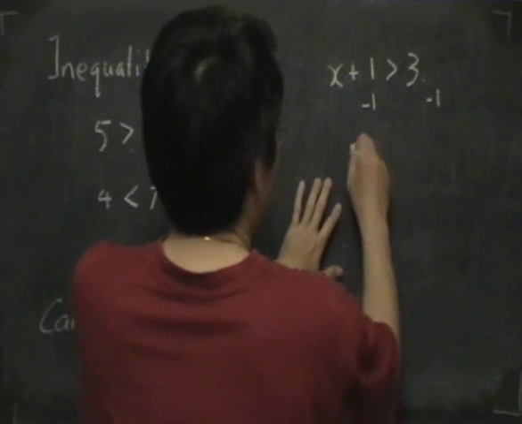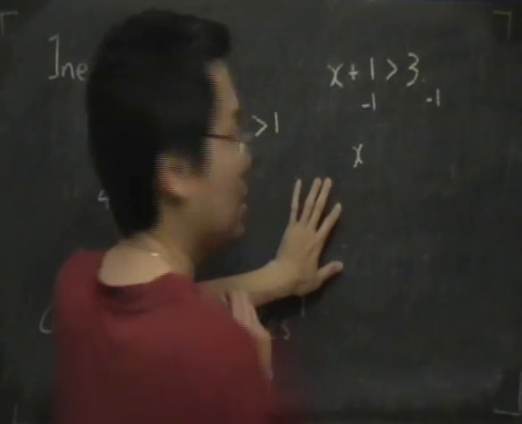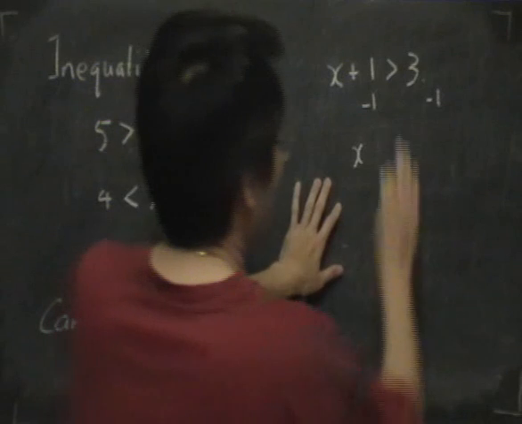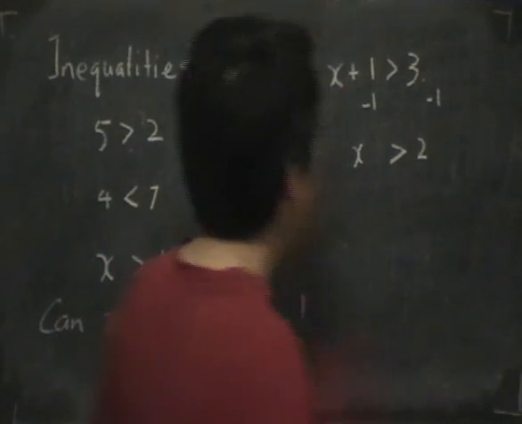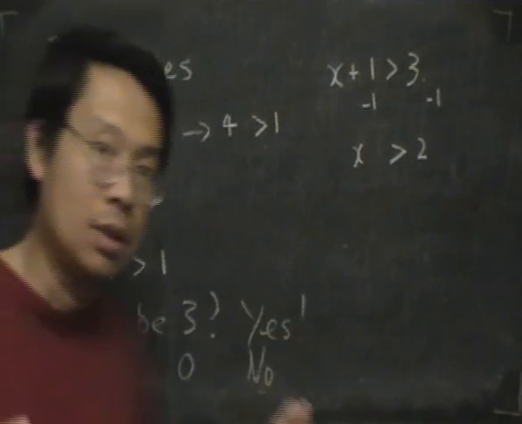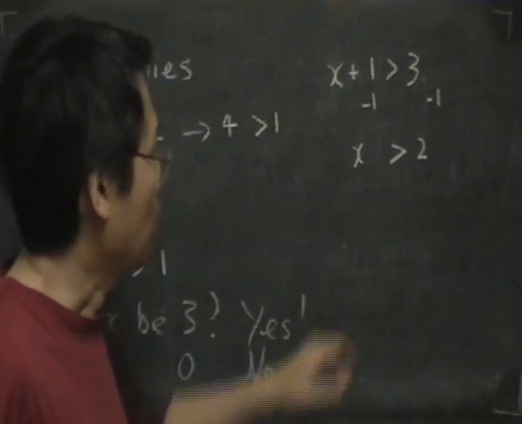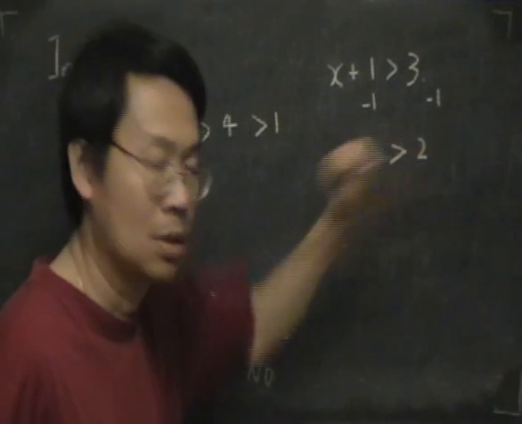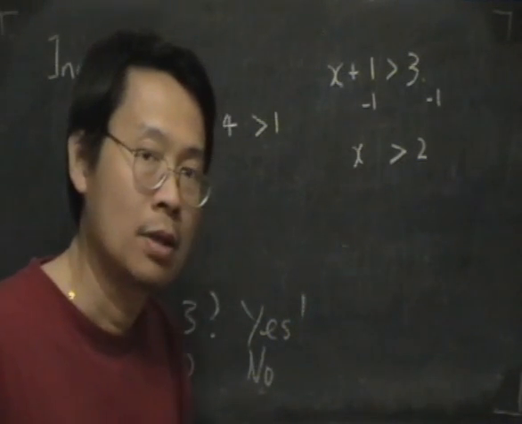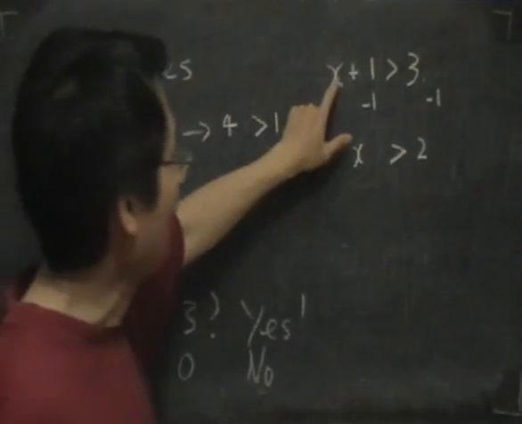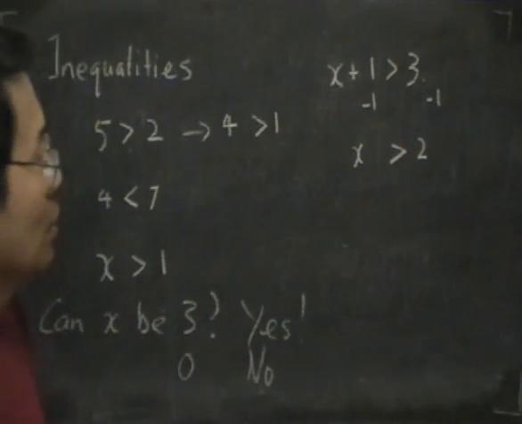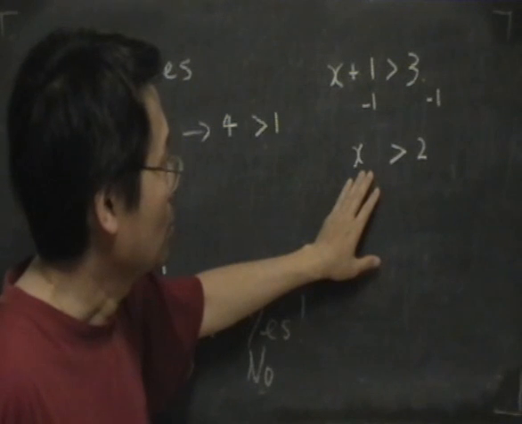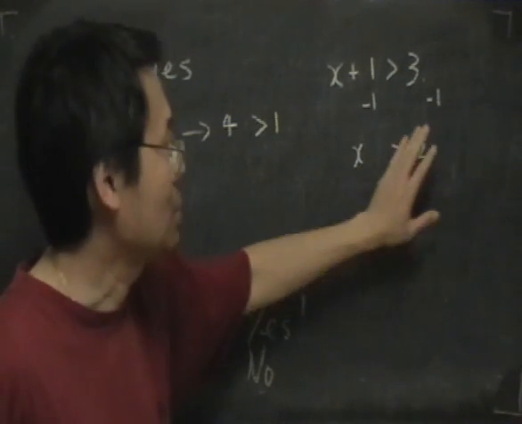On the left side, I'll just get x, only x remains. And on the right side, I have 2. Now it's simpler. I just have x is greater than 2. That's definitely easier to understand than x plus 1 is greater than 3. It means that x is a number that is greater than 2.